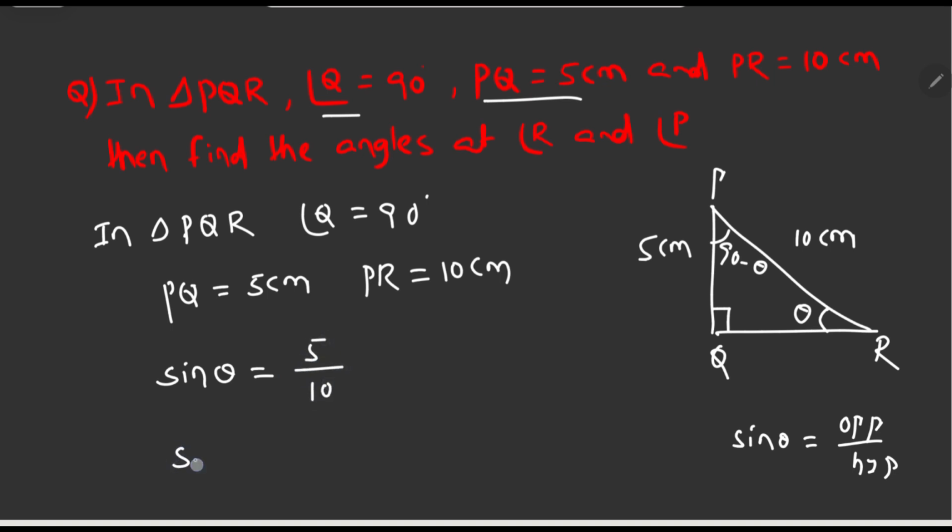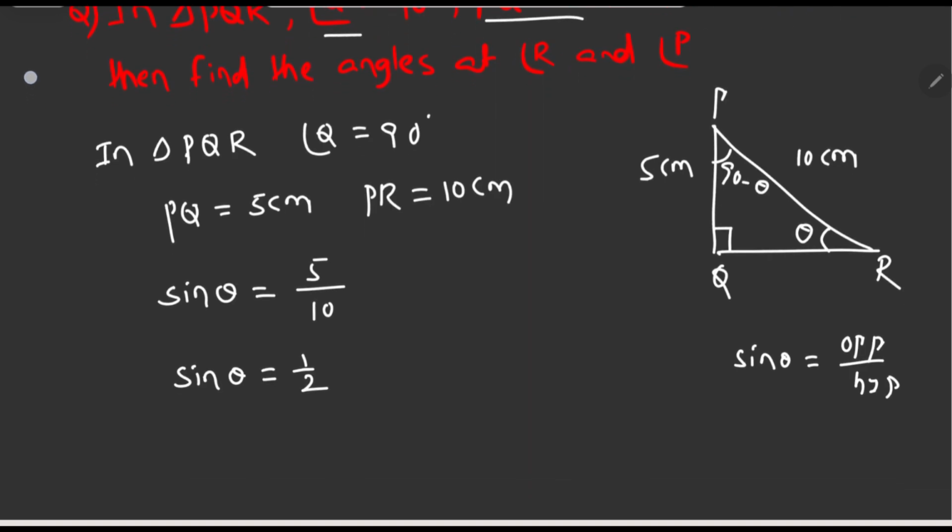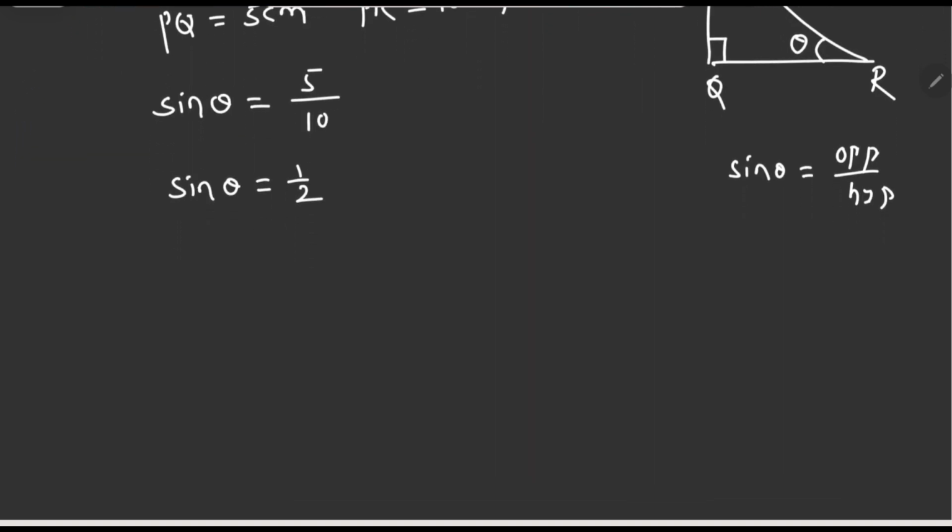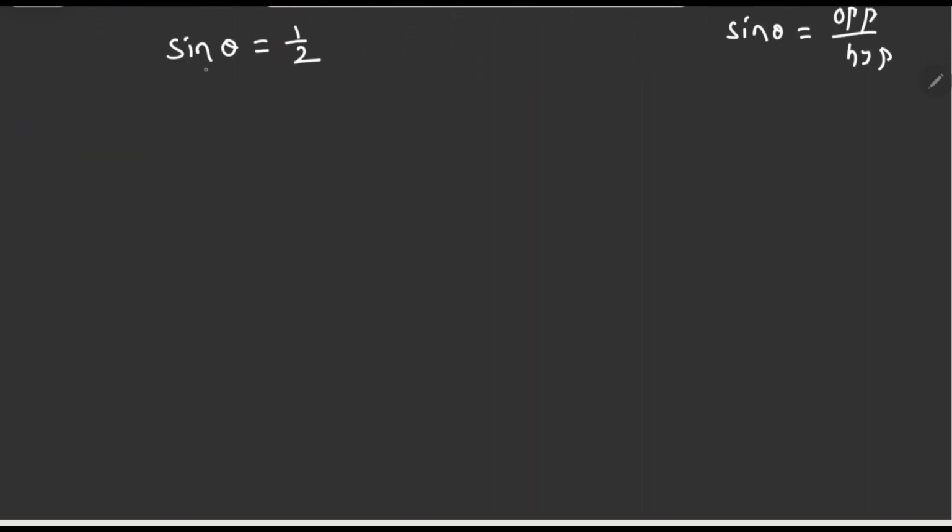So what is the sin theta value? We will get 1 by 2. Here sin theta is equal to 1 by 2, but we have to find only theta. So to get theta we have to cancel sin.